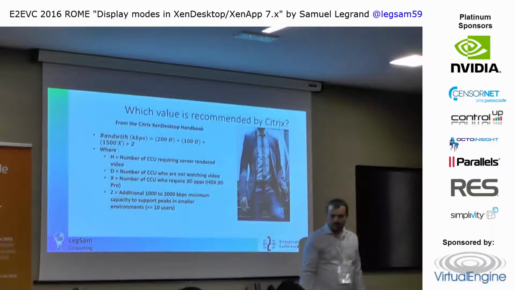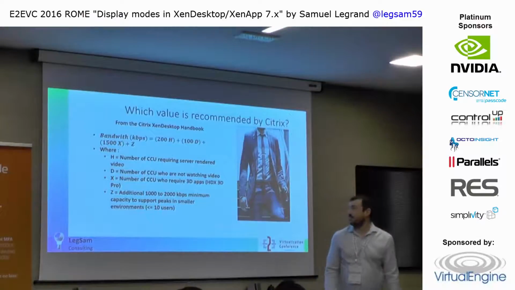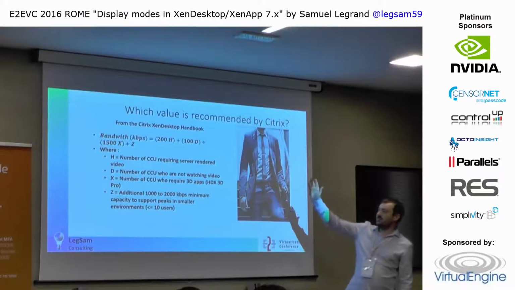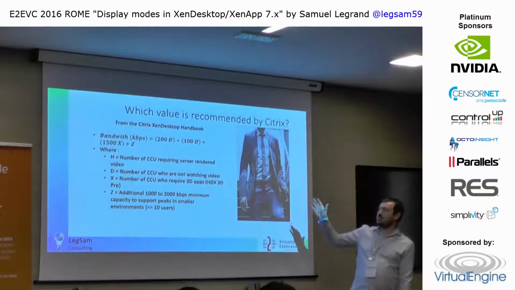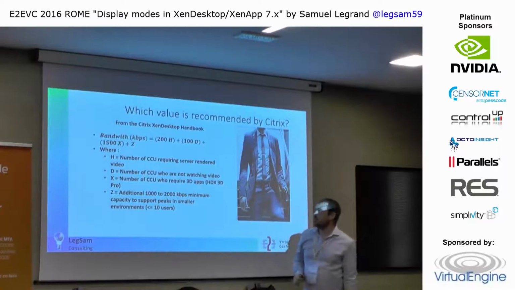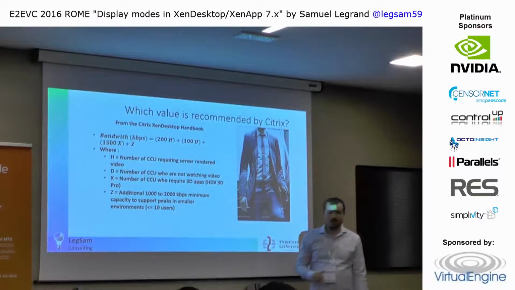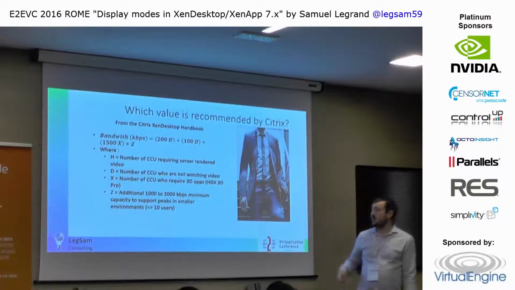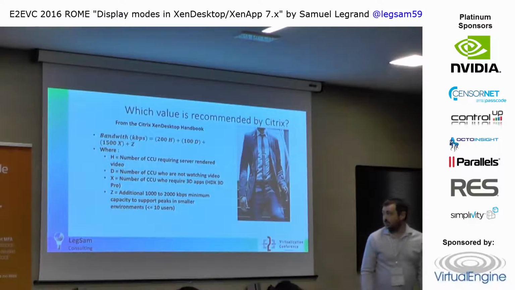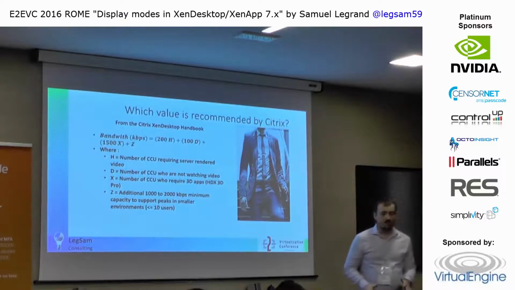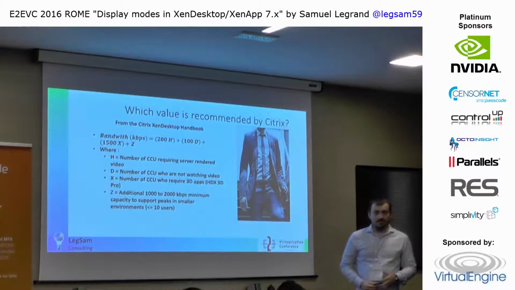So, the values recommended by Citrix. Here's the formula. Basically 200K for each user requiring server rendered video, 100K for those who are not watching videos, and 1,050K for 3D apps.